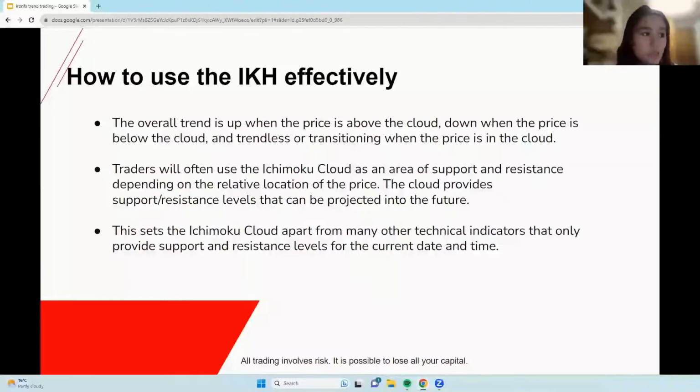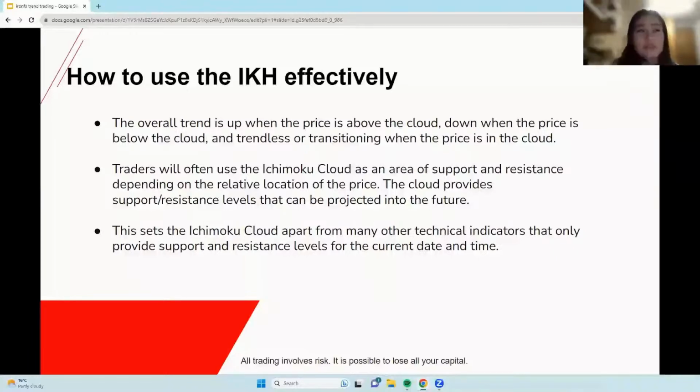The cloud provides support and resistance levels that can be projected into the future. This is what sets the Ichimoku cloud apart from other technical indicators that only provide support and resistance levels for the current date and time.